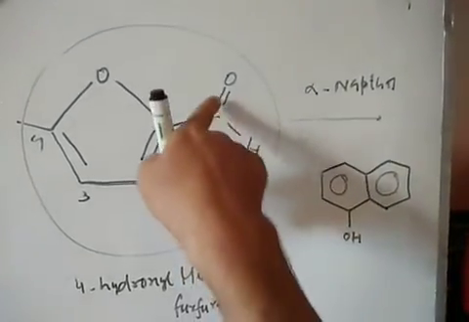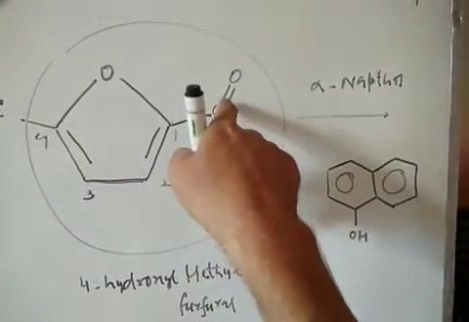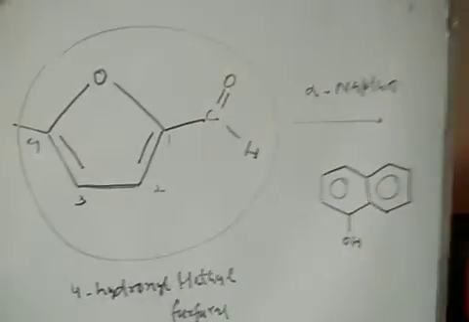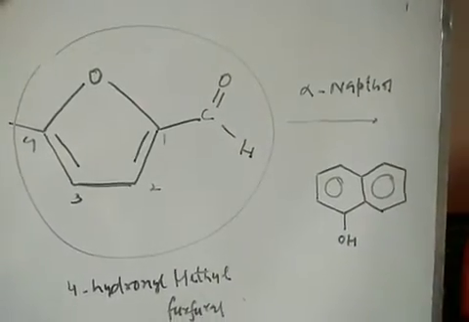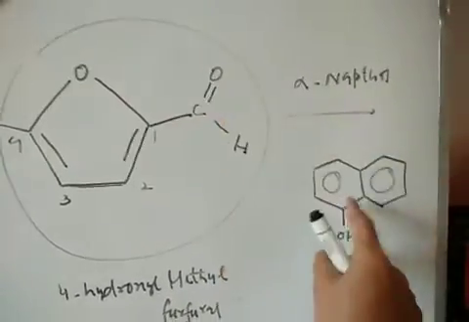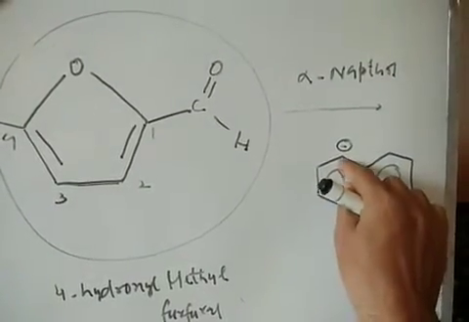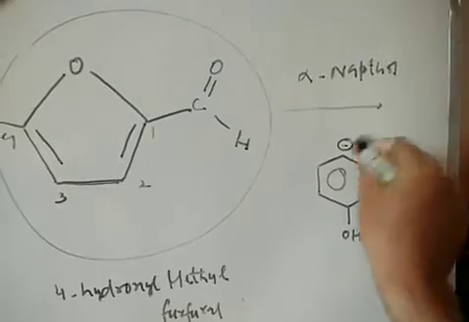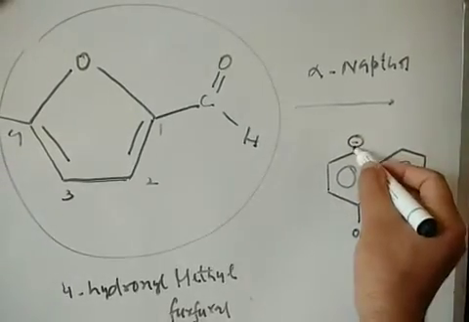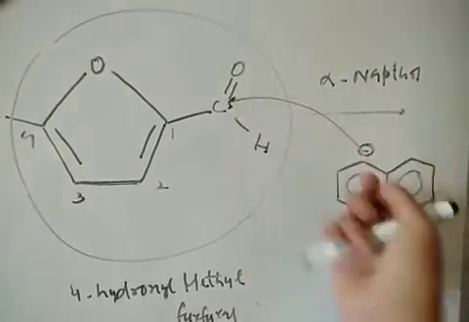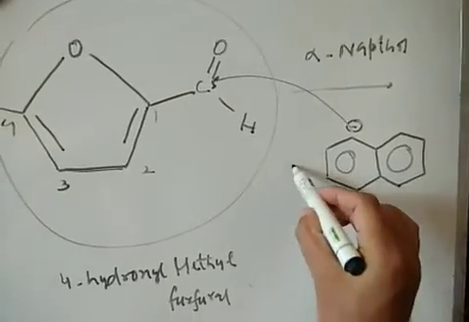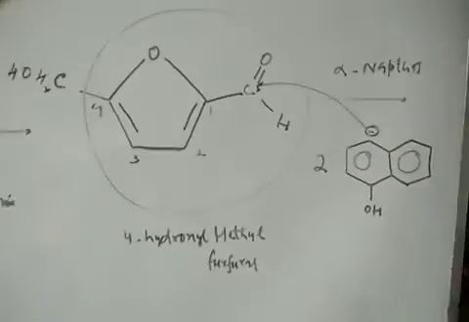In alpha naphthol, we know that the carbonyl group can undergo a nucleophilic addition reaction. So on this carbon, 2 molecules react from here. I am not going into the mechanism, but from the para position they will attack here, 2 molecules of your alpha naphthol. So what will you get in the end?